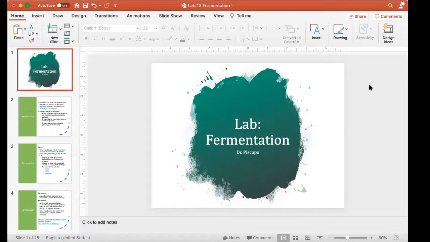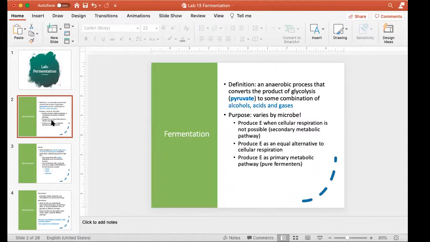So that's what you should be seeing on your screen now, the first slide for the fermentation exercise. The first thing we need to do is just put a definition on this word fermentation. And I talk about this in the lecture this week as well.